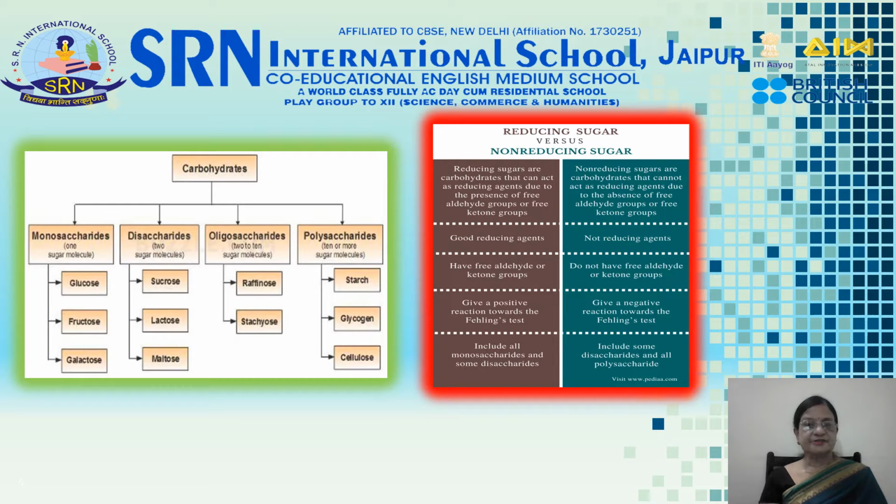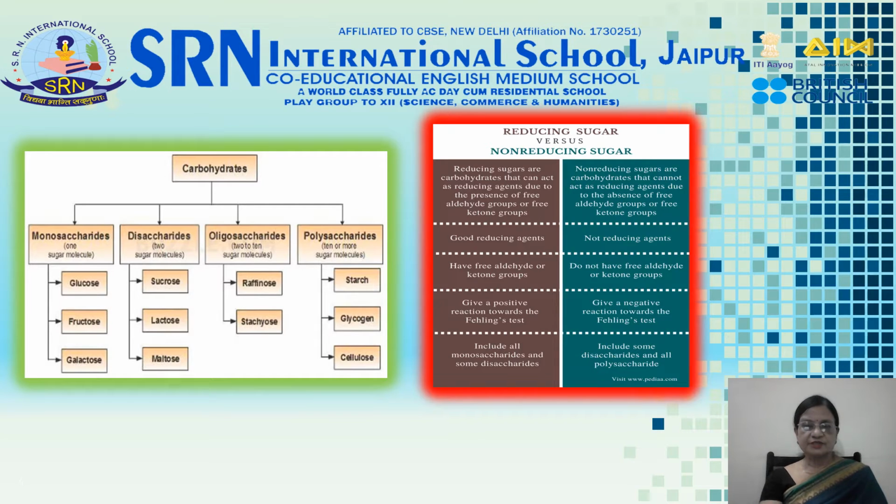Disaccharides are the carbohydrates which can be hydrolyzed to give 2 units of monosaccharide, for example sucrose, lactose, and maltose. Oligosaccharides are the carbohydrates which can be hydrolyzed to give 2 to 10 monosaccharide units, for example raffinose and stachyose. Polysaccharides are the carbohydrates which on hydrolysis give more than 10 monosaccharide units, for example starch, glycogen, cellulose.